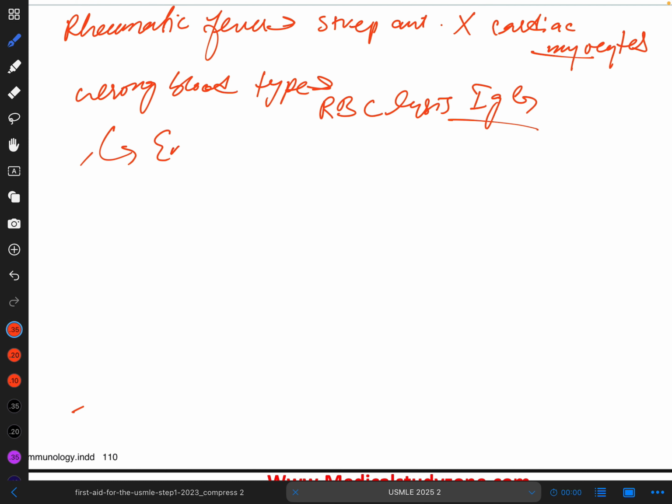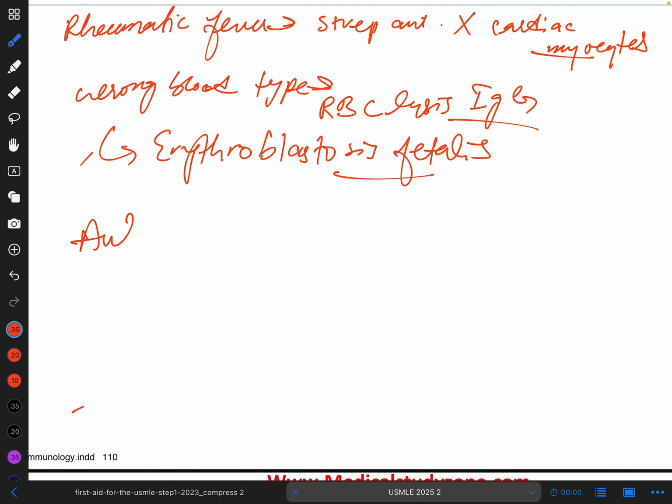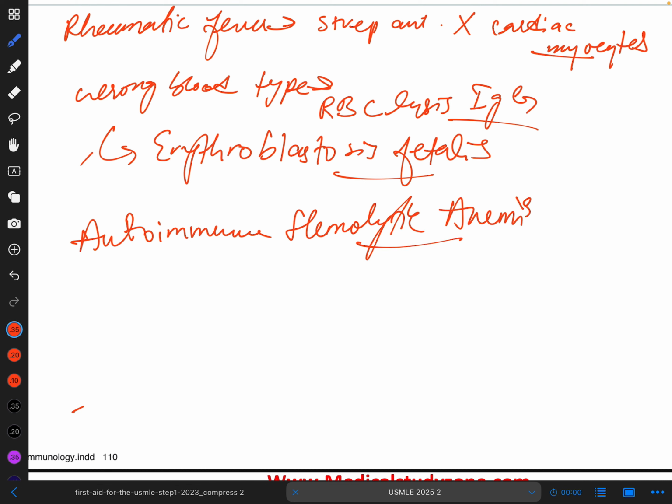If you guys know that, yes. The second is autoimmune hemolytic anemia, due to many drugs like methyldopa and penicillin.